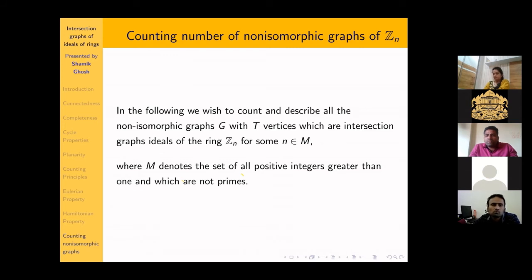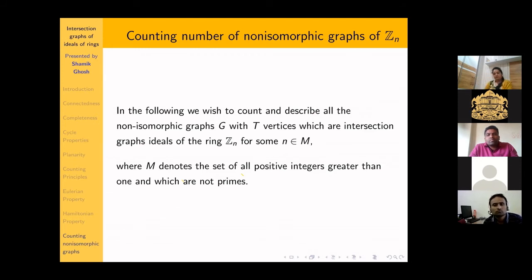But after that, hundreds of papers on these intersection graphs of ideals of rings have been published. And I will also give you the reference, a very good survey paper written by Dr. I.B. Chakraborty and Father Professor Joseph Varghese of Christ University.